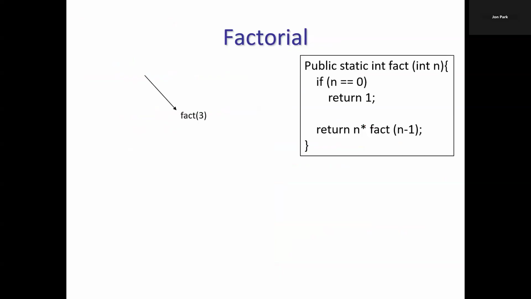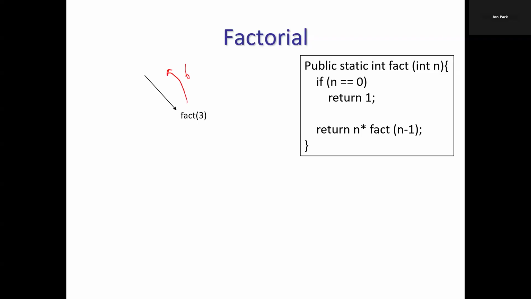So this is called a recursion tree. We're going to trace the calls and return values. Okay, so let's say we wanted to figure out what factorial of 3 is. And we just call this fact method and pass in 3. If it were an iterative method, it would just return 6 and we are done.